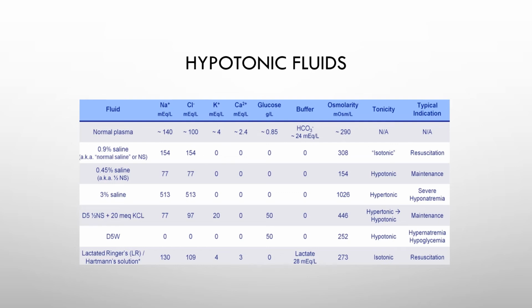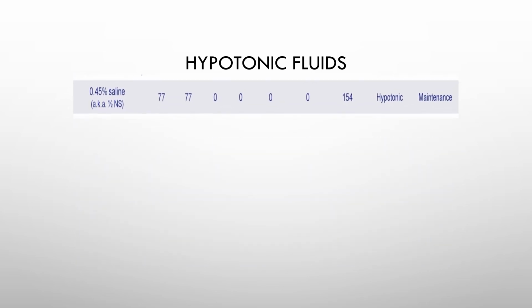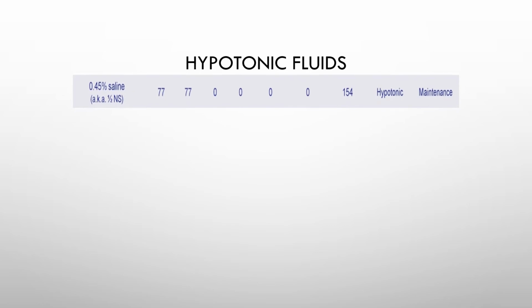The next fluid we'll talk about is half normal saline, also known as 0.5% saline. So remember, this will drive fluid into the cell, so it's used to hydrate the cell, but it depletes the intravascular space.